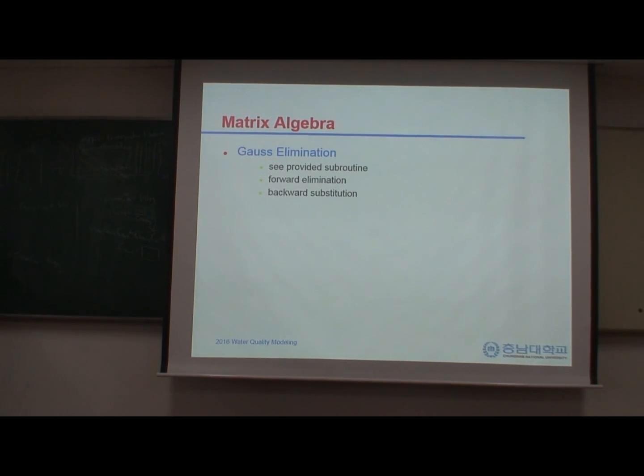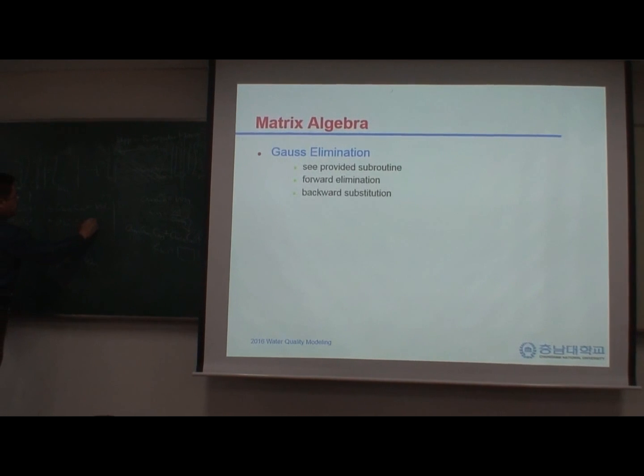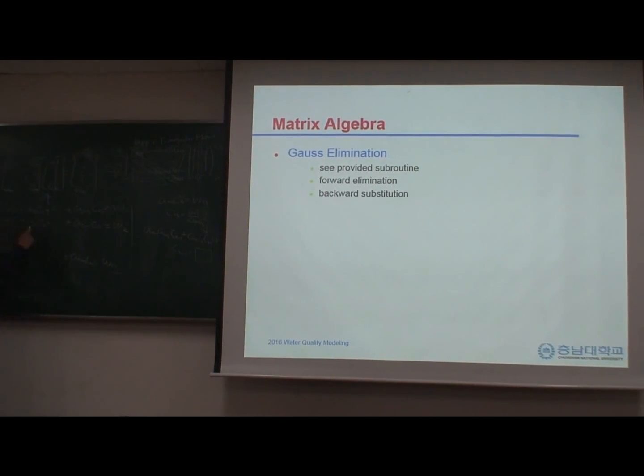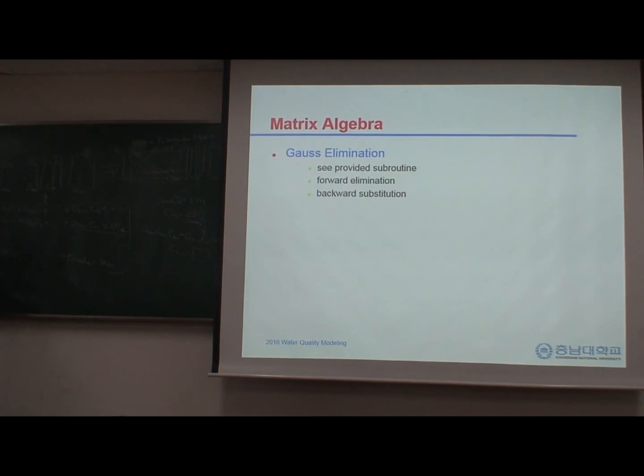Then also, let's take a look at these two lines here. If you had these two equations, how can we reduce the number of unknowns?